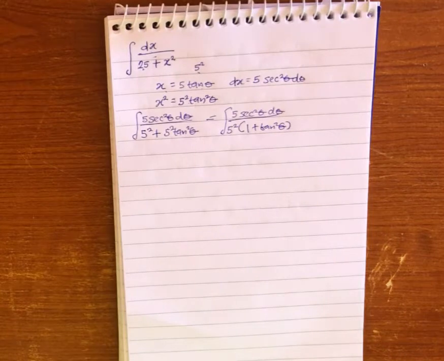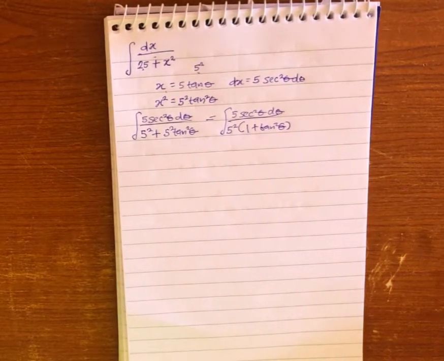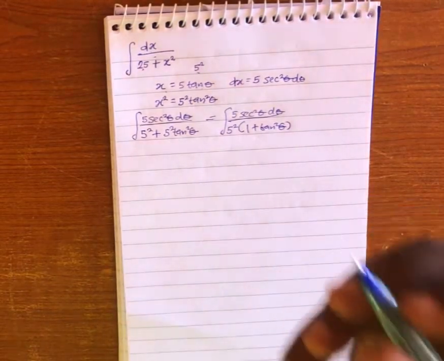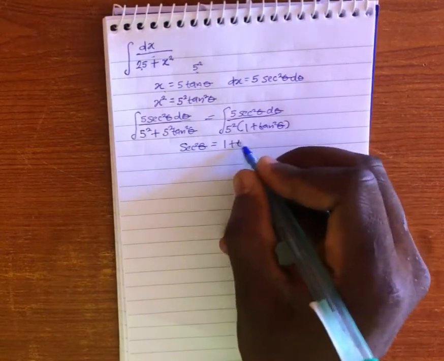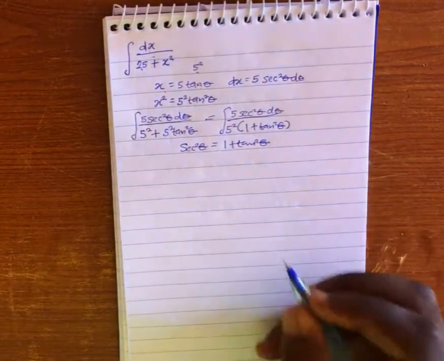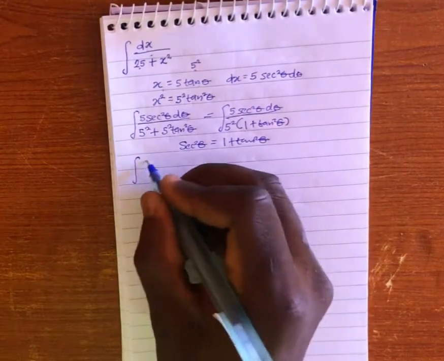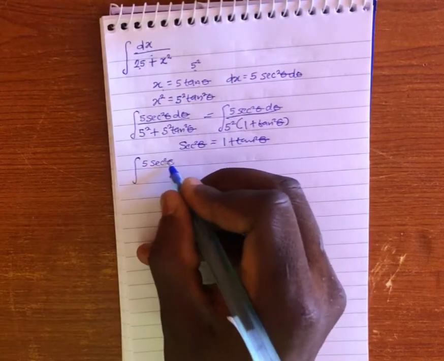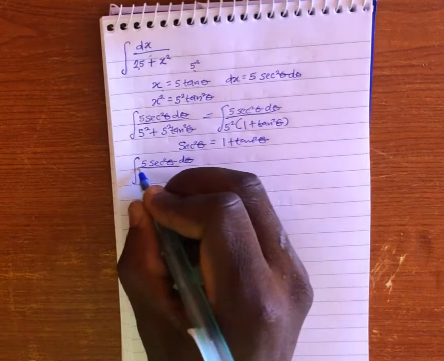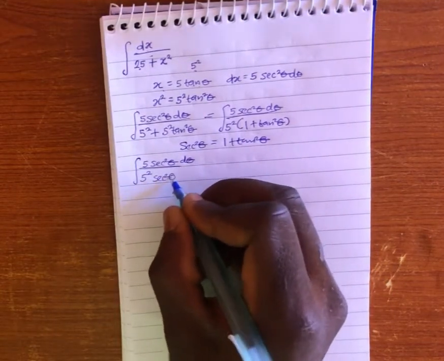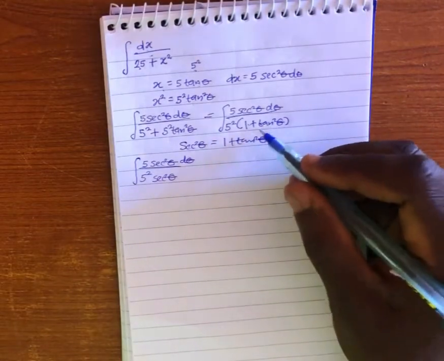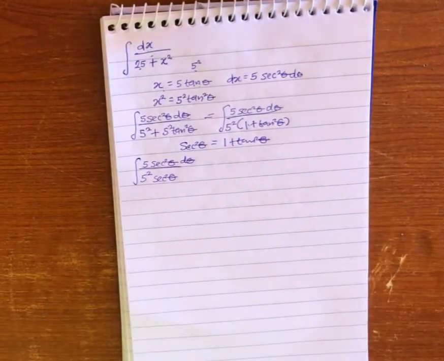So what other thing can I do here? I can recall my trigonometry identity. We know that sec squared theta equals 1 plus tan squared theta. Beautiful. So I'm having the integral of 5 sec squared theta d theta divided by 5 squared sec squared theta, because 1 plus tan squared theta is the same thing as sec squared theta.